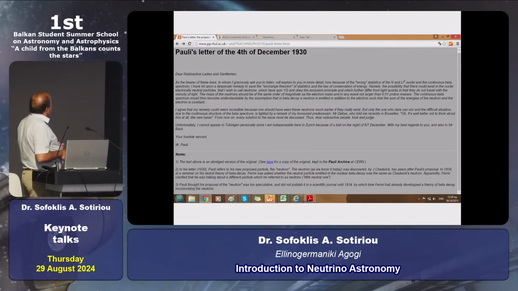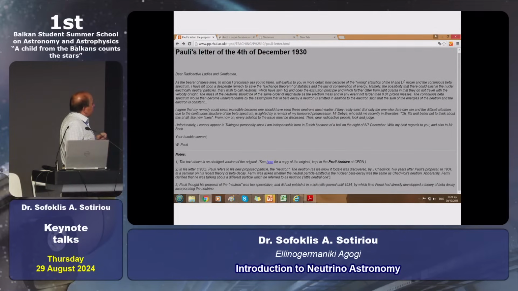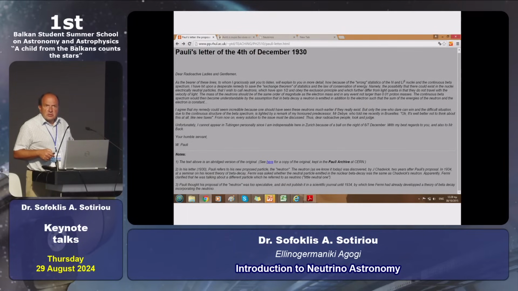It has no charge, and he is calling it neutron. He says that it has spin 1/2 and obeys the same principle, and its main difference, let's say, with the light is that it is not traveling with the speed of light.